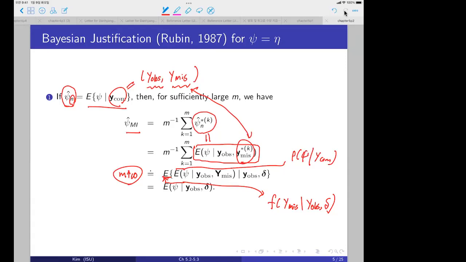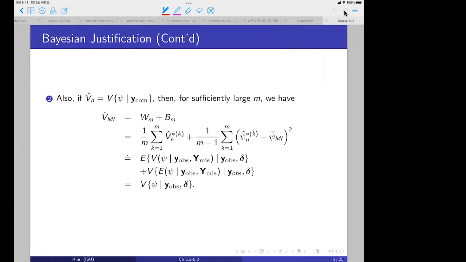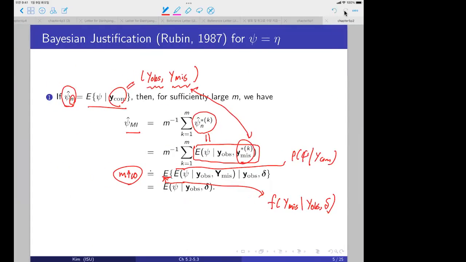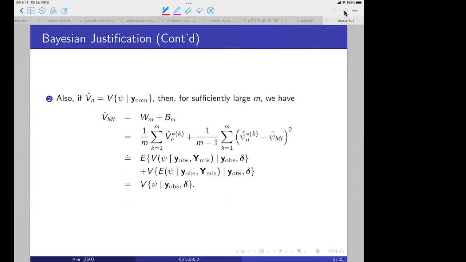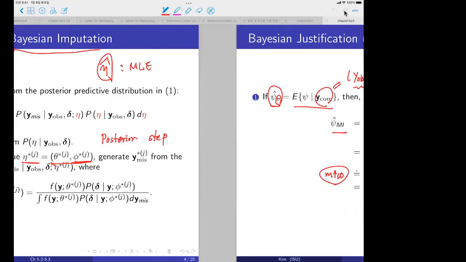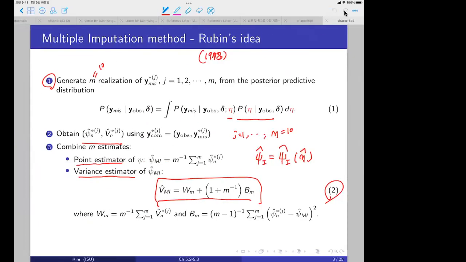Okay, do you need more time? It's okay. Now let's move on. First of all, this factor 1 plus 1 over m will converge to 1, so we won't worry about this factor.